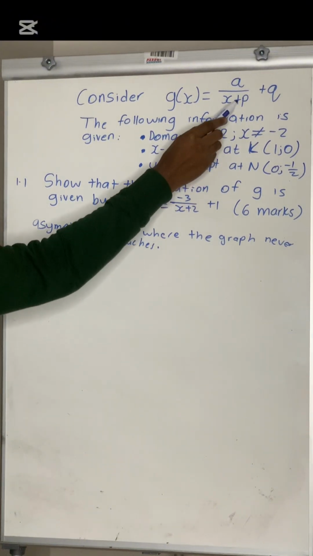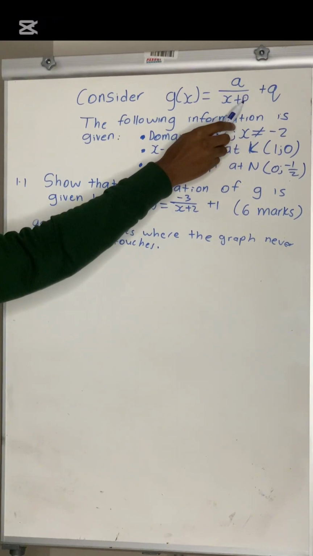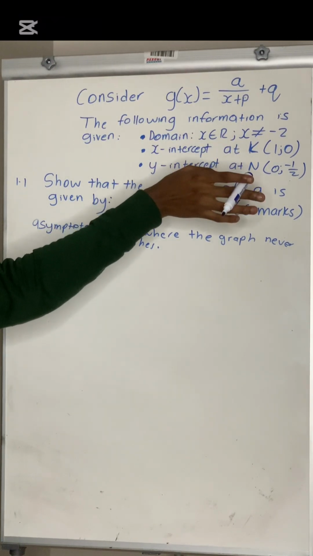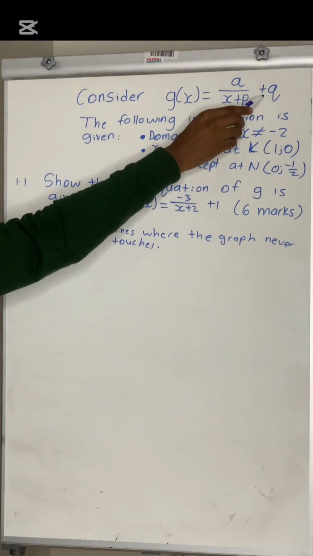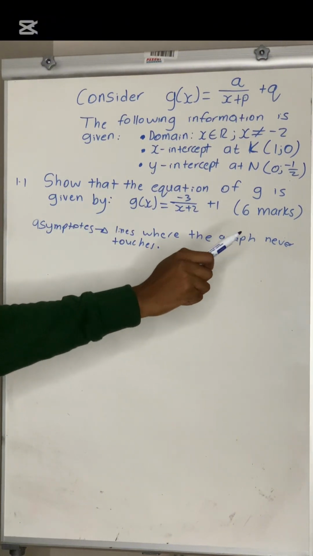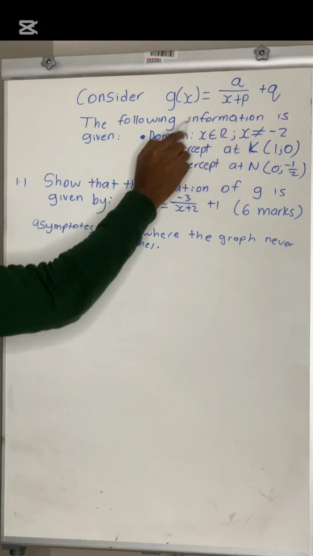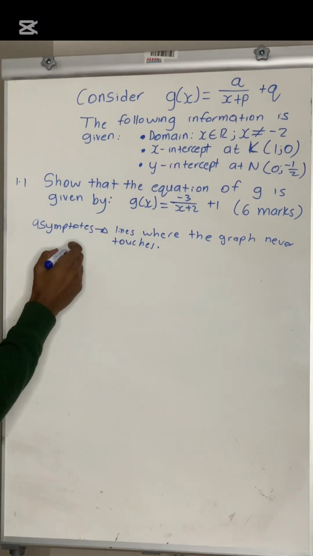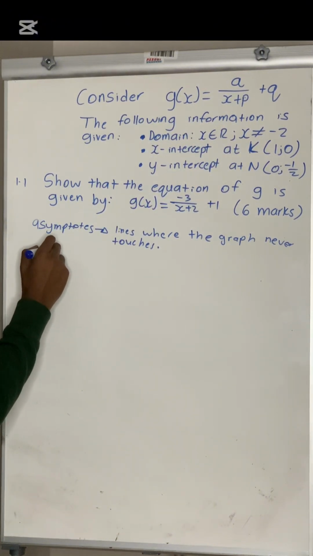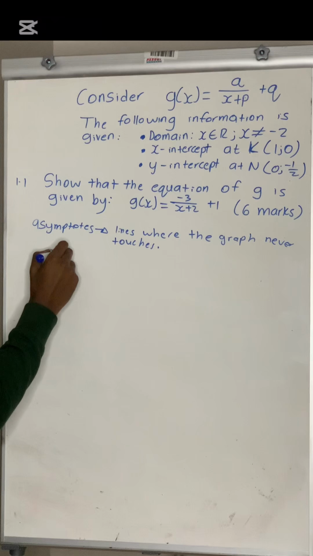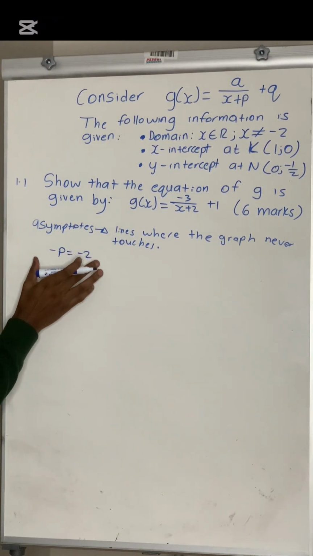Which means when we're dealing with this p and q, this p is the x value for the vertical asymptote, and then this q stands for the horizontal asymptote. In order for us to find this value of p, we have to change this -2 into a +2. So -p is equal to -2. Now let's solve for p.